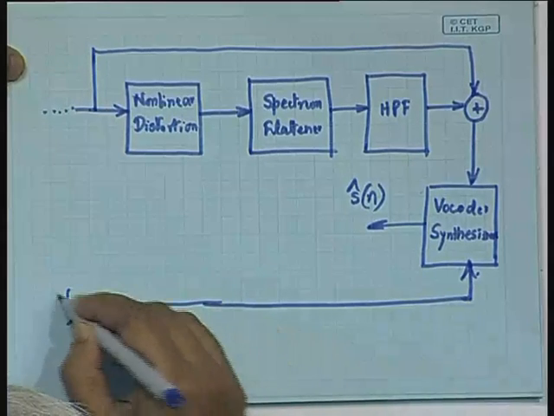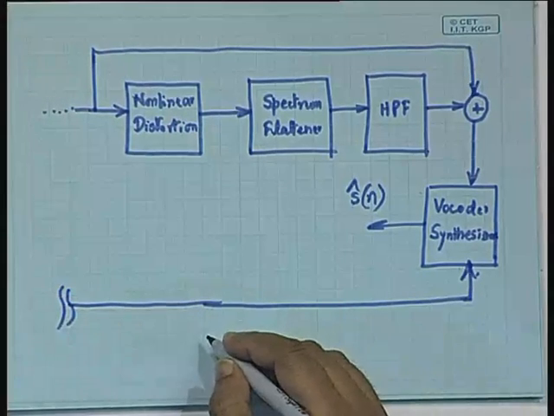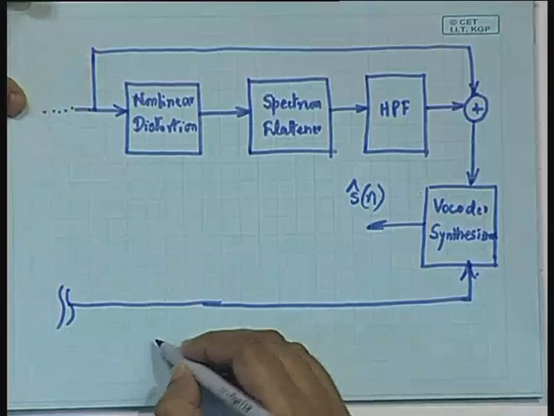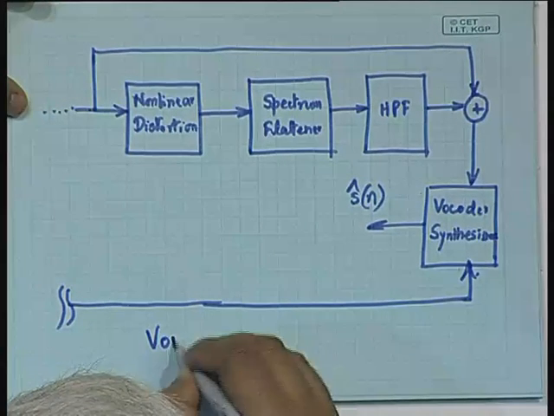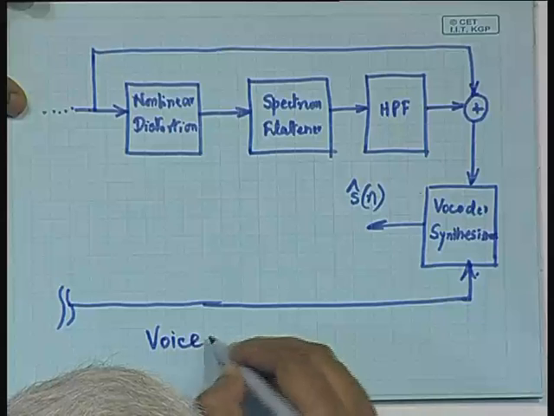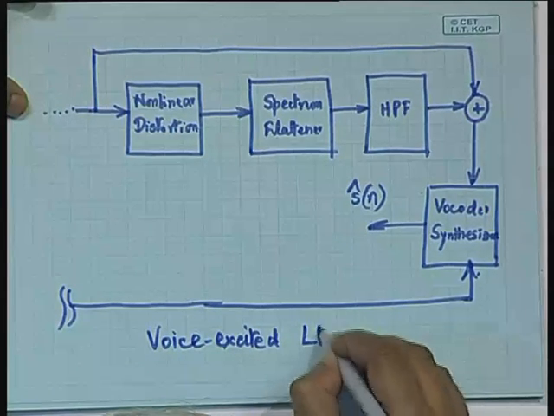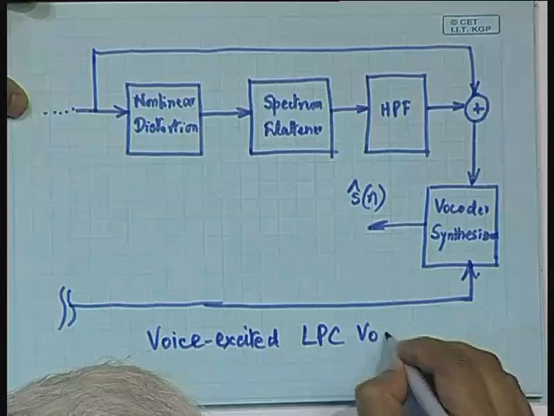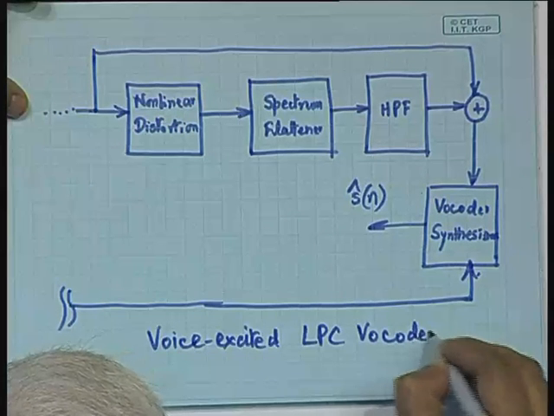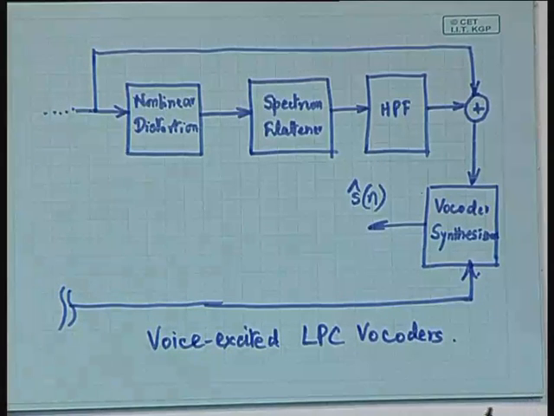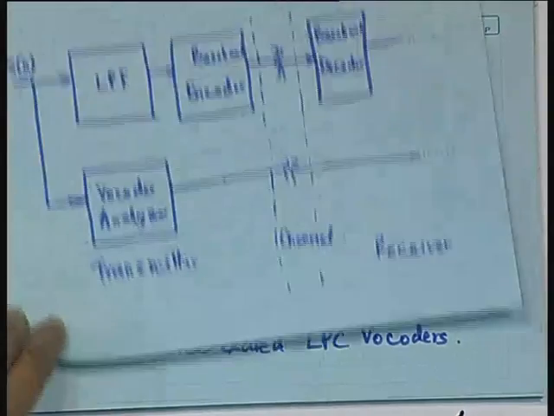This entire block diagram we will refer to as the voice excited LPC vocoder. Now, essentially what major difference have we made?